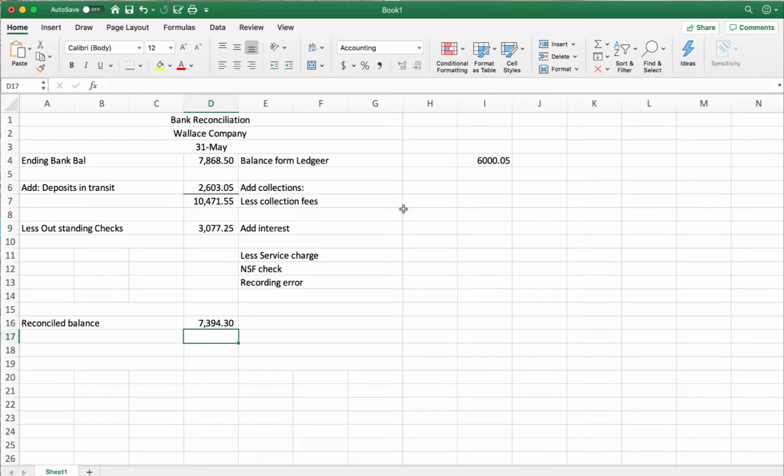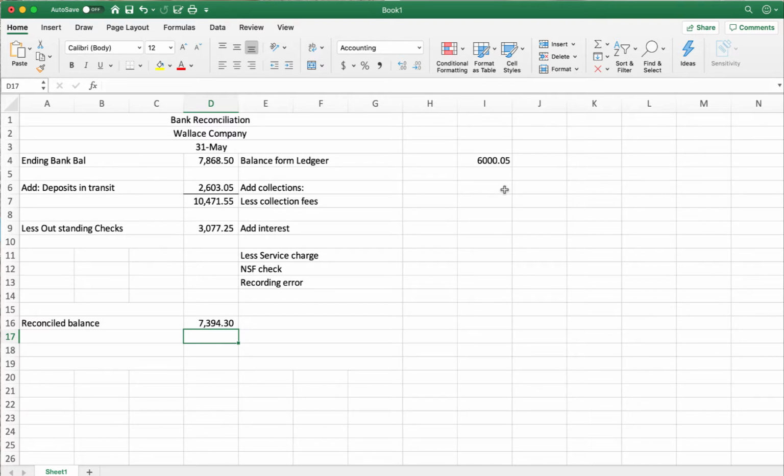And they tell us that the bank added to the account $19.80 of interest earned by Wallace during May. So when we're looking at the ledger balance, okay, we need to account for what the bank has recorded that we do not.